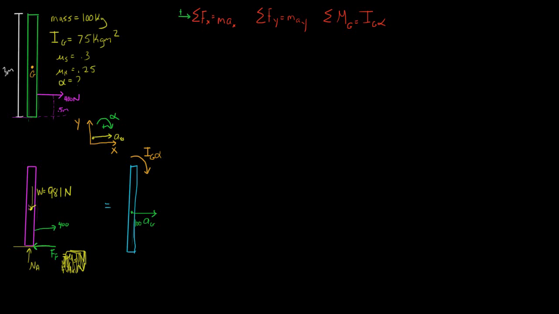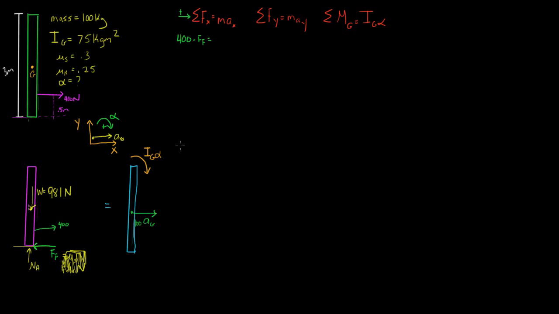So if we take our sum of the forces in the x direction, again, the right is positive, we're going to have this 400 Newton force minus our frictional force. And again, we are not substituting in the coefficient of friction times our normal force at this point.